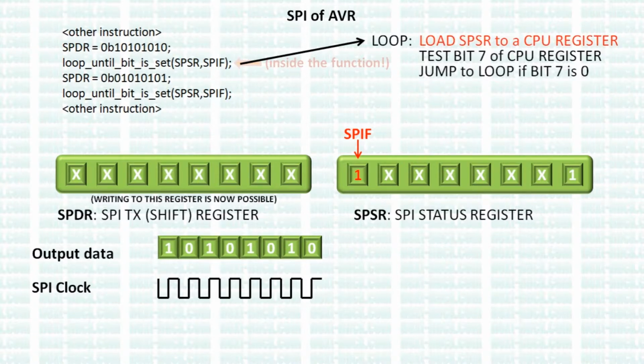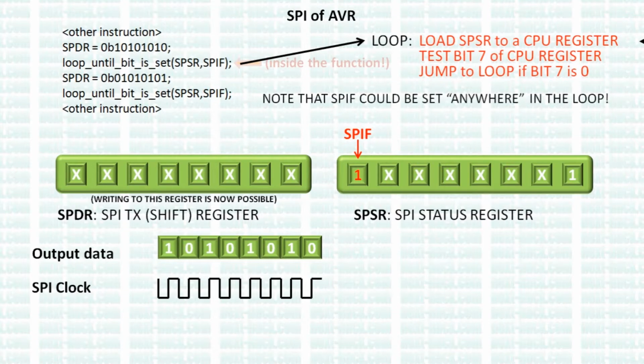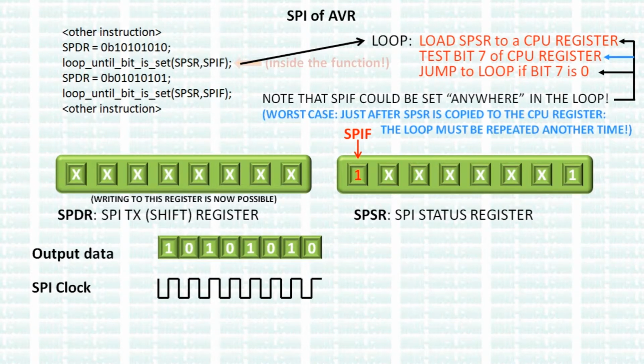The SPSR register is copied to a CPU register. Now, the bit 7 of that CPU register contains a copy of the SPIF value. Then we read that bit and we jump out of the loop if it was 1, otherwise we begin the loop again.